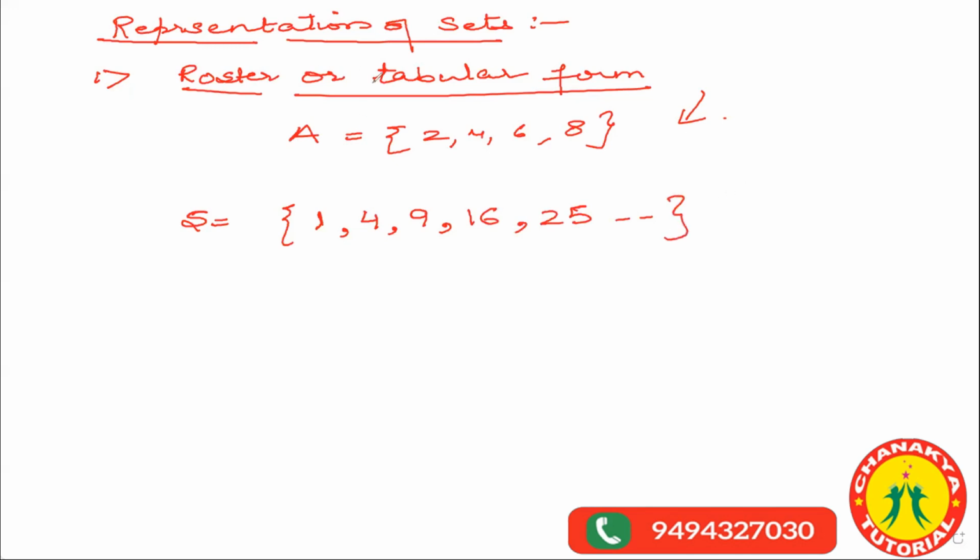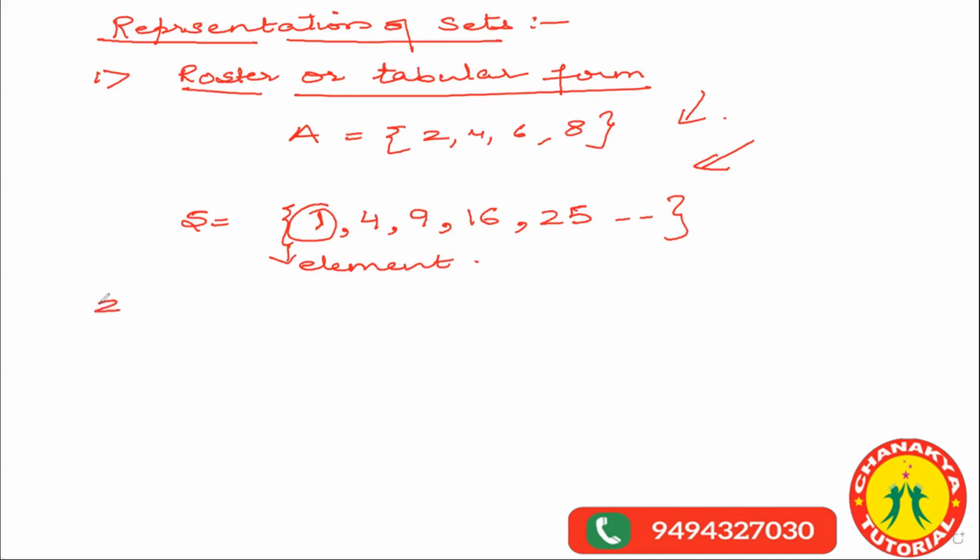Clear? So this is also tabular form. A set is a well-defined collection of objects or elements, and each member of this is called an element. Right?